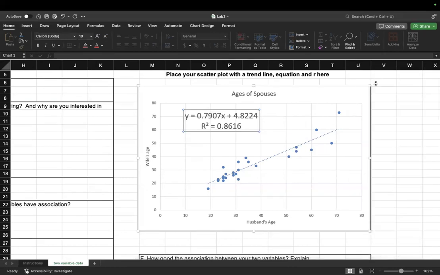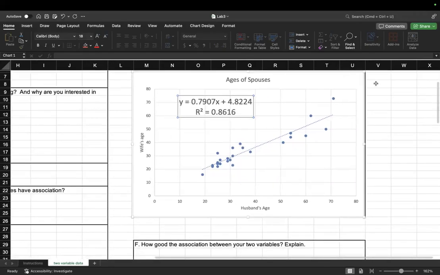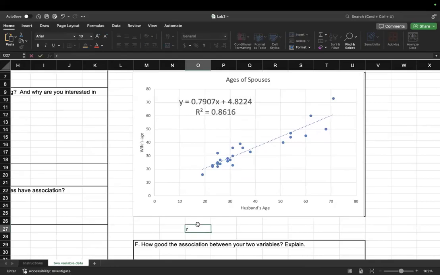They will not give you an R value. It just gives you R squared. So I'm going to show you how to get the R value. I'm going to put R equals right here, and then over here I'm going to do math.